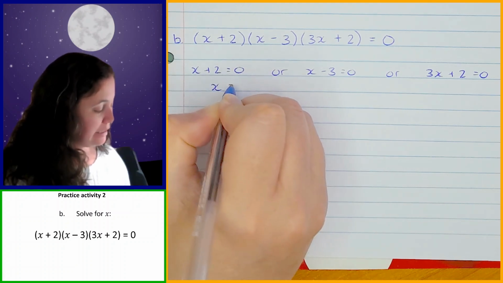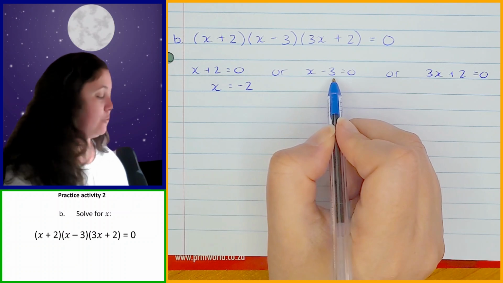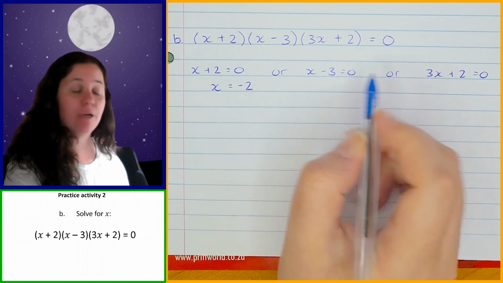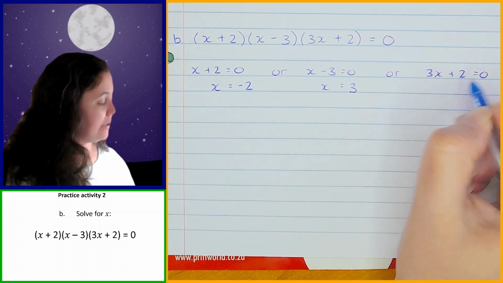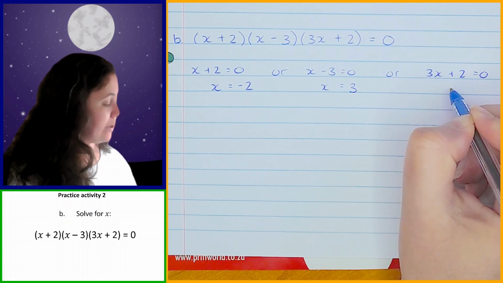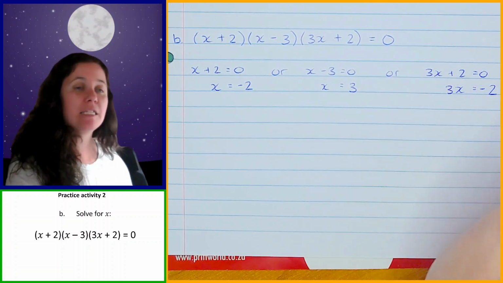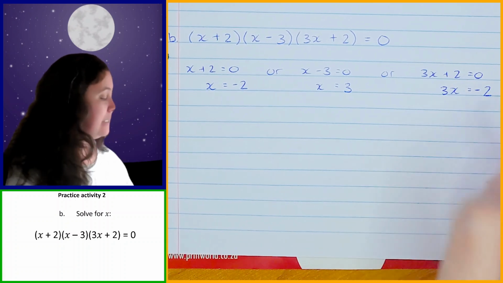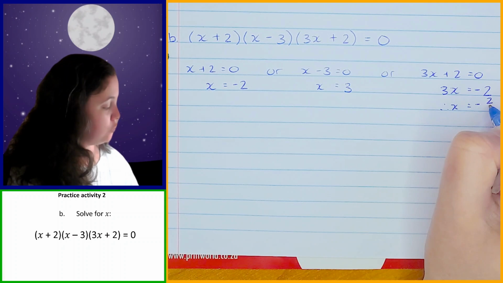That gives me x equal to negative 2. Over here, x minus 3 equal to 0, so I need to add 3 on both sides, so that gives me x equals 3, and over here 3x plus 2, I need to subtract 2 on both sides, so I've got 3x equals negative 2, and then I need to divide by 3 on both sides, so that gives me x equals negative 2 over 3.